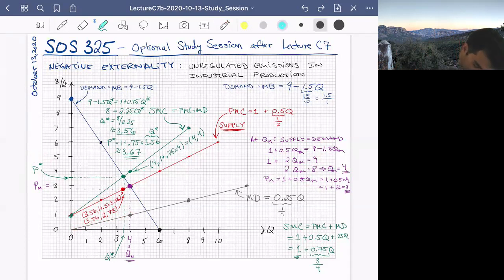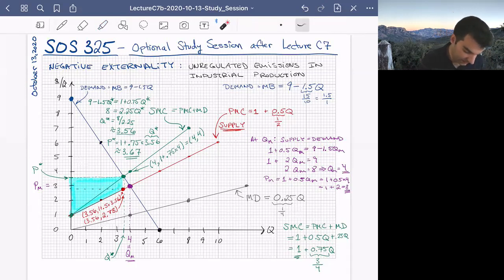is going to be this region down here. Remember, the producer surplus is the region from the agreed upon price in the market down to the actual cost that the producer feels. So this is due to a tax, for example.